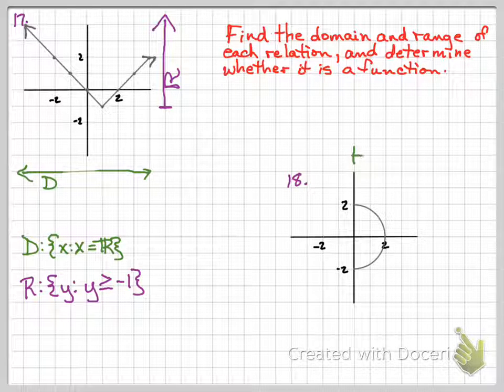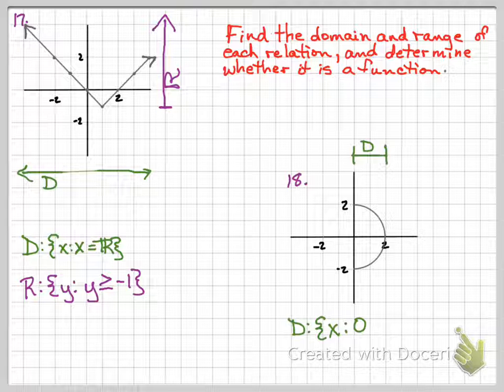Number 18. My domain starts at 0 and ends at 2. So I'm going to get my brace up there. x is such that 0 is the low side of this, so 0 is my least number.